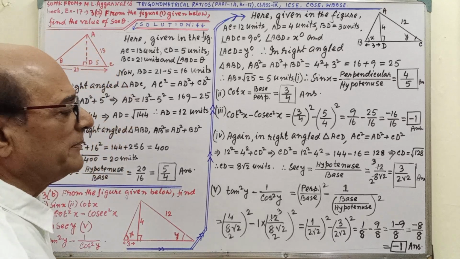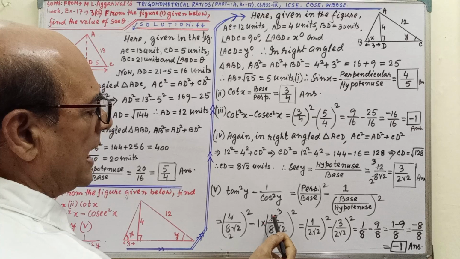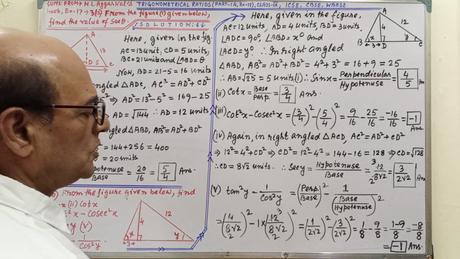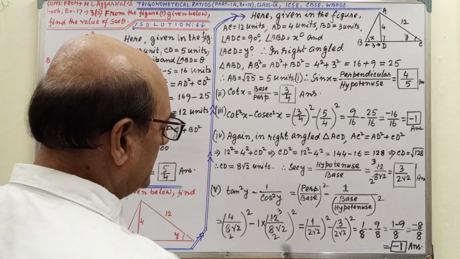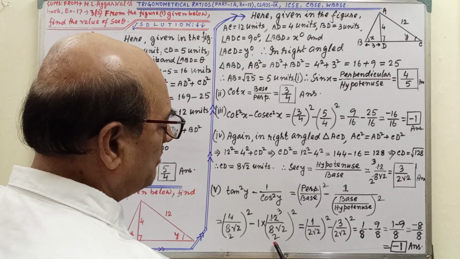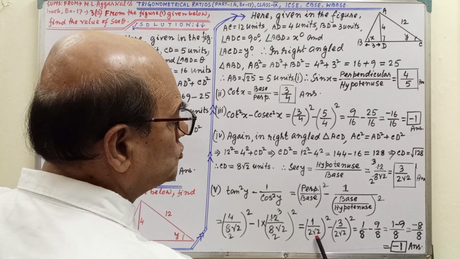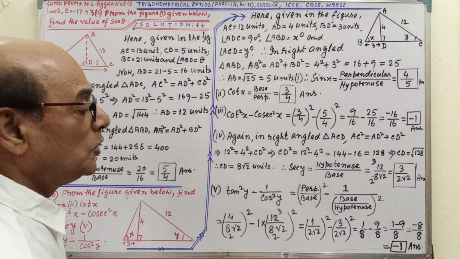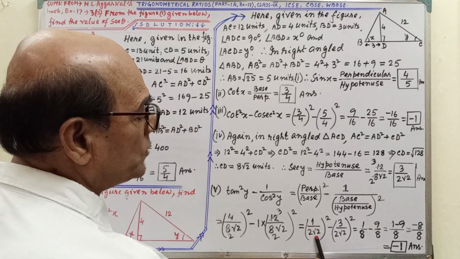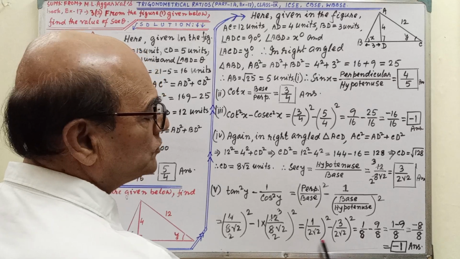Now we have to simplify. 4 and 8 by cancellation give 2, and 12 and 8 by cancellation give 3 by 2. Now we simplify: 1 by 2 root 2 whole square, and this is 3 by 2 root 2 whole square. 1 square is 1, and 2 root 2 whole square is 8: 2 into 2 is 4, and root 2 whole square, the root and square are eliminated, so 4 into 2 is 8.